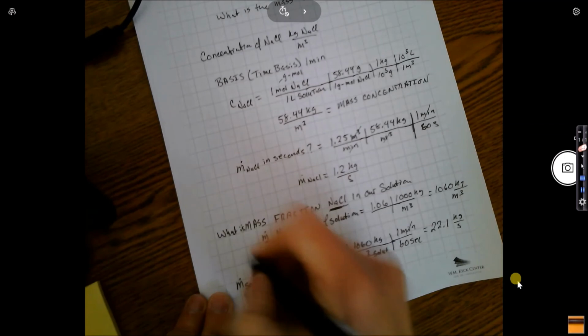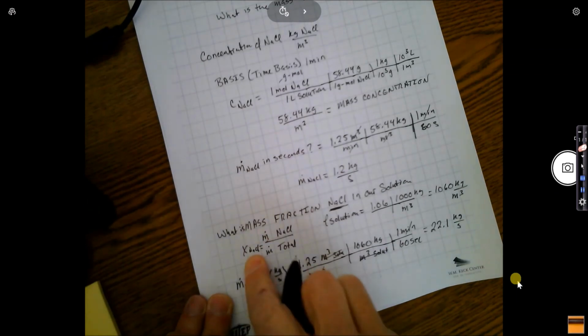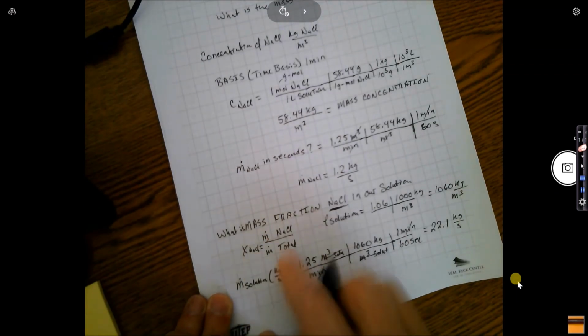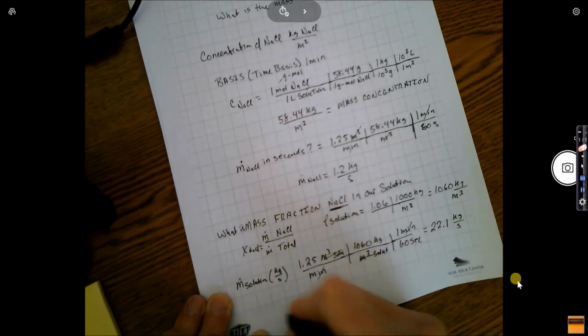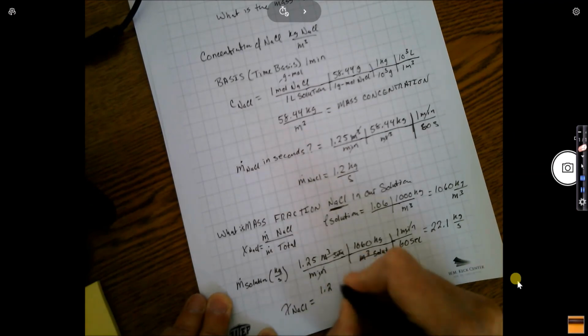So we said, and I should have done it this way, I apologize, the mass fraction of sodium chloride is the mass flow rate of sodium chloride divided by the mass flow rate total. So the mass fraction of NaCl, good old-fashioned table salt, is the ratio of 1.2 kilograms per second.